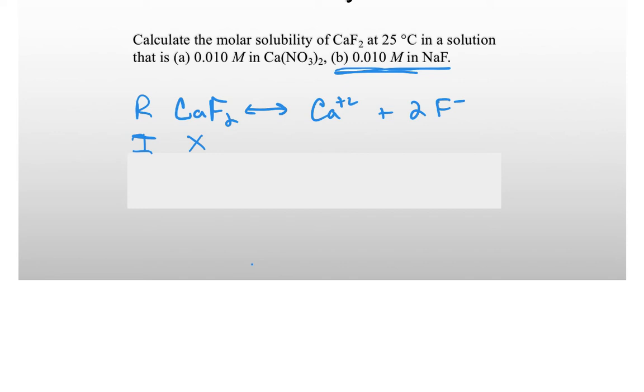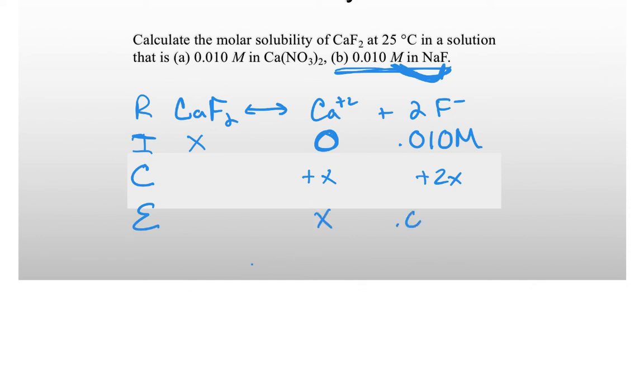The calcium and the fluoride will happen when we dissolve, but we've already got some fluoride from the ion in the solution, so we're going to have 0.010 molar F- in there. Change according to stoichiometry: this is going to be plus X, and this is going to be plus 2X. At equilibrium, this is going to be X, and this is going to be 0.010 molar plus 2X.